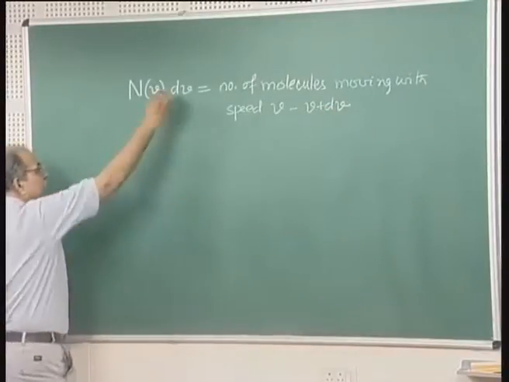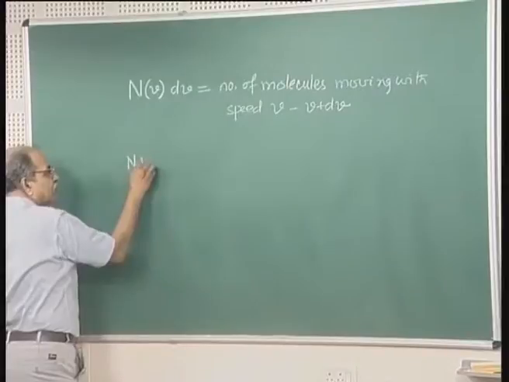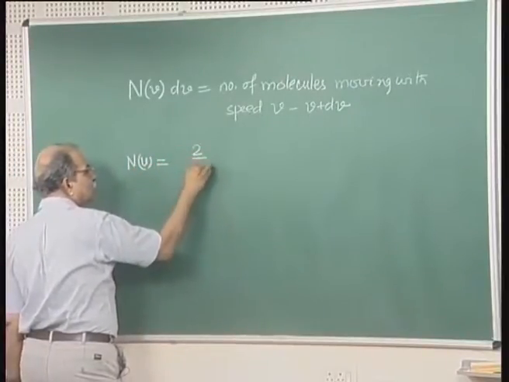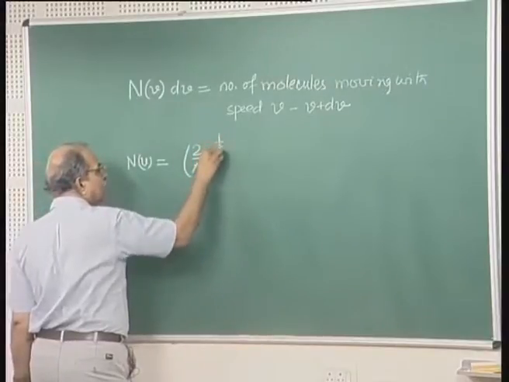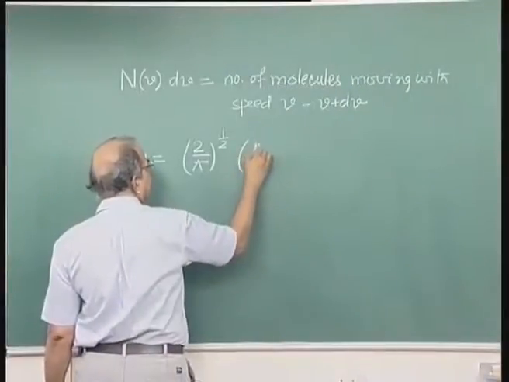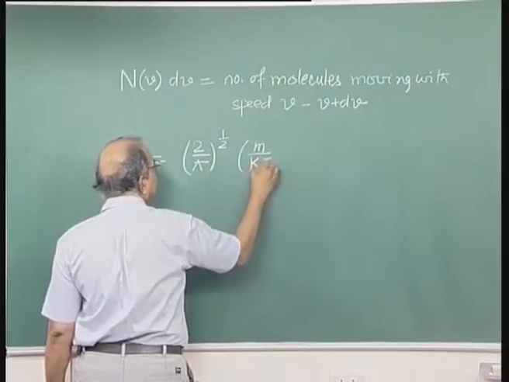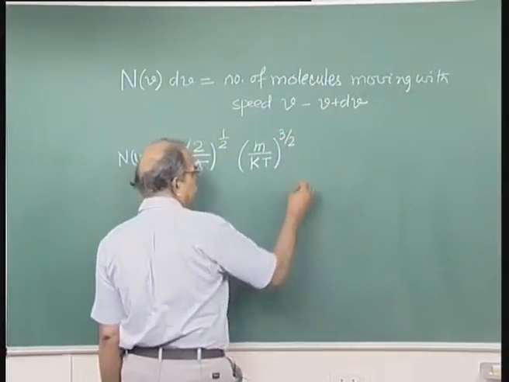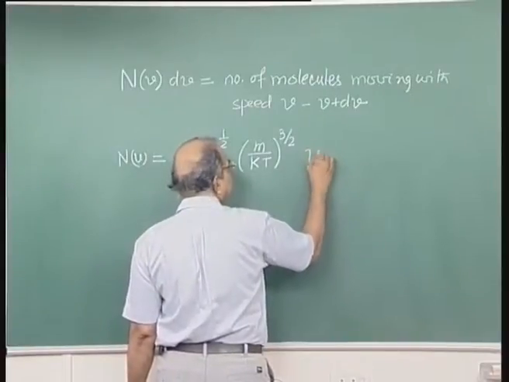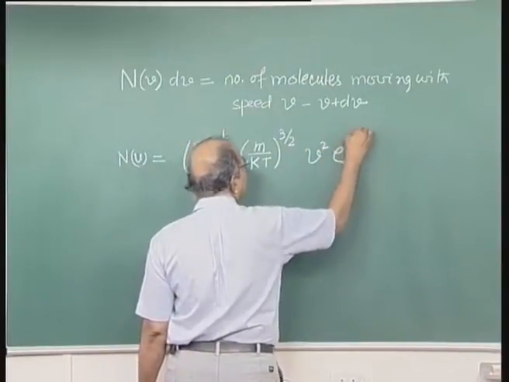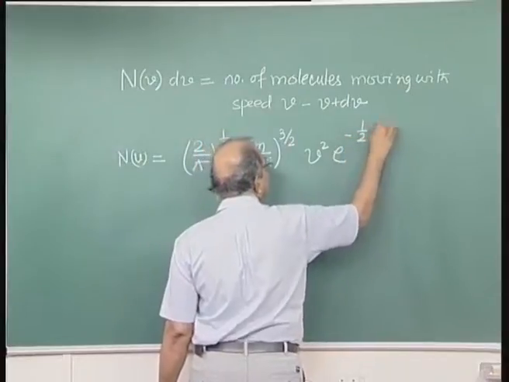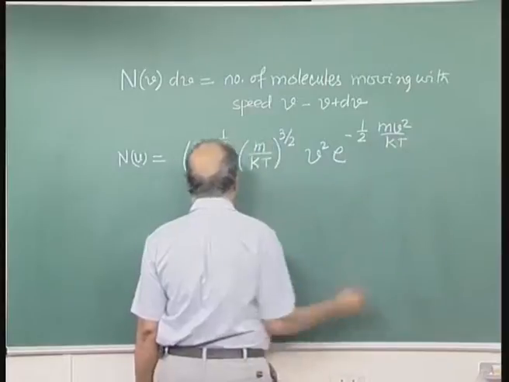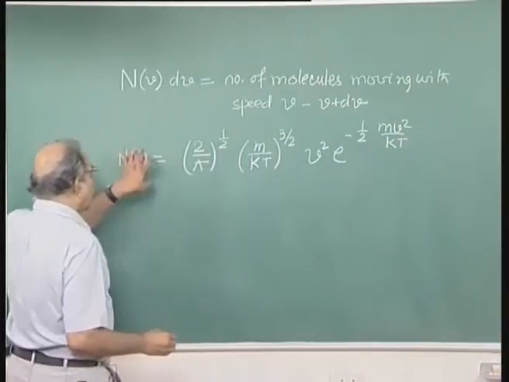So, the expression for this N(v) is some constants, if I remember, (2/π)^(1/2), and then (m/kT)^(3/2), and then you have v² e^(-½ mv²/kT), and this is actually out of the total.